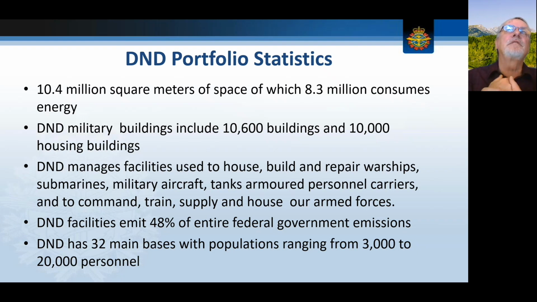Now, because of the size of our portfolio, we emit 48% of all federal government emissions. That volume of emissions comes from the fact that we have 32 main bases, which are the size of small towns, and they range from 3,000 to 20,000 personnel.